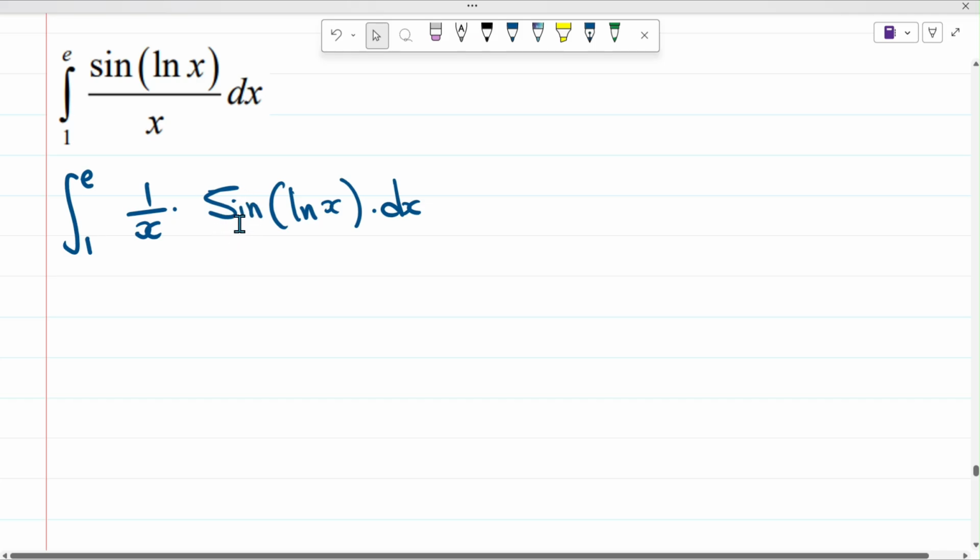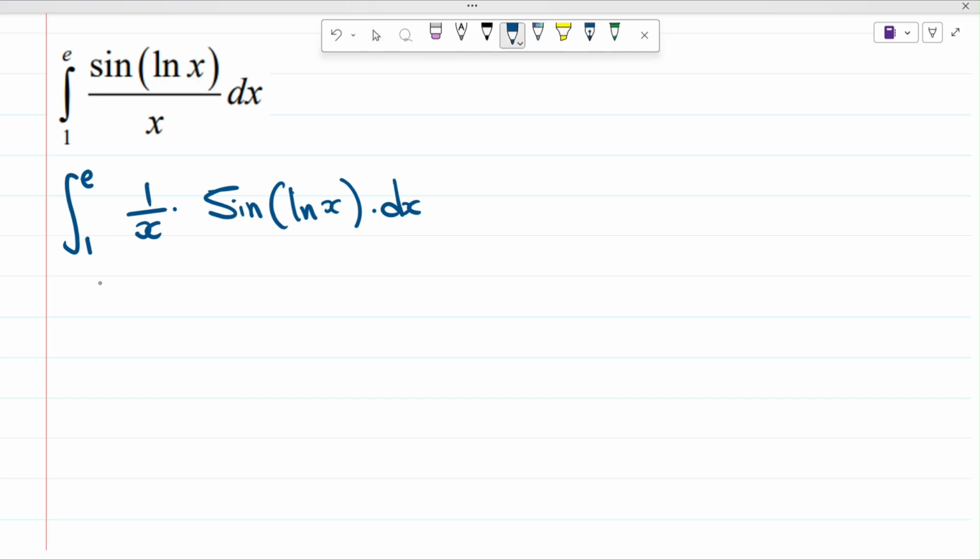It's negative cos, right? So negative cos was differentiated for me to get positive sine. So therefore the answer for this is just negative cos of ln of x, right? And then you put your limits there being e and 1, then you substitute them.